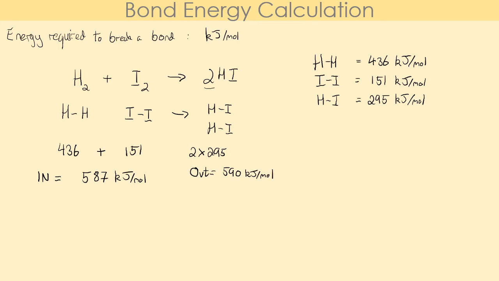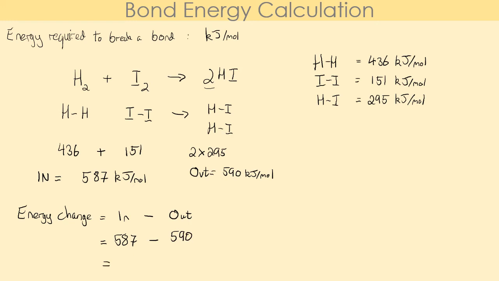To work out the energy change, we need to do our energy in minus our energy out. So our energy change equals our energy in minus our energy out. Our energy change will equal 587 kilojoules per mole minus 590 kilojoules per mole.